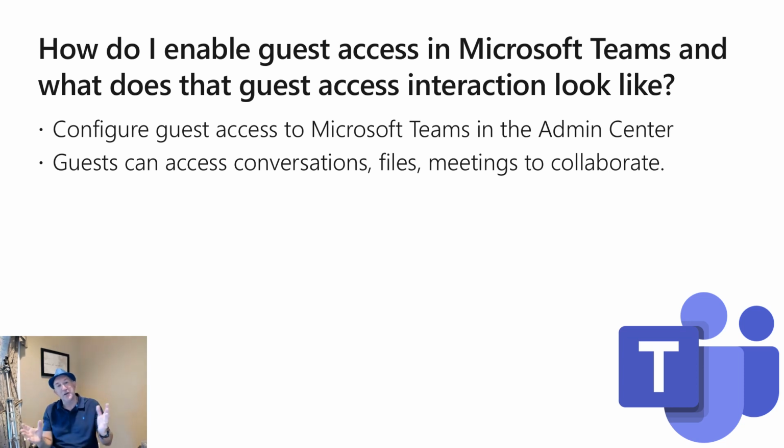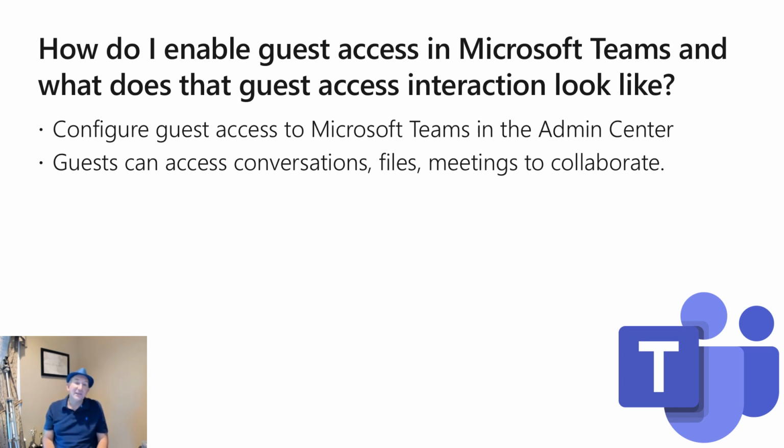But the story, we know, does not end there. Also, at a quick highlight, what does that interaction look like? Again, I have resources with a whole laundry list of what you see, don't see, how this works, how that doesn't work, etc. But at a quick highlight, guests, when they come in, can participate in conversations, and they can share, edit, and work with files.